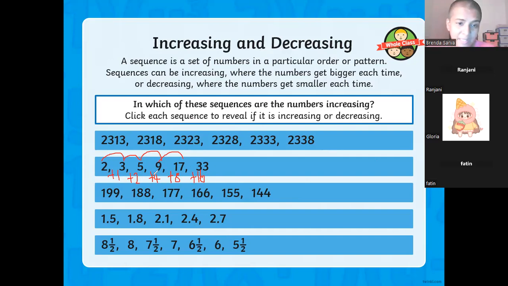It's not the same number always, but there is a pattern here. First, it's plus 1. Then it's plus 2. Then it's plus 4. Then it's plus 8. Then it's plus 16. What do you think is the next number that's going to be added? Put it in the chat.